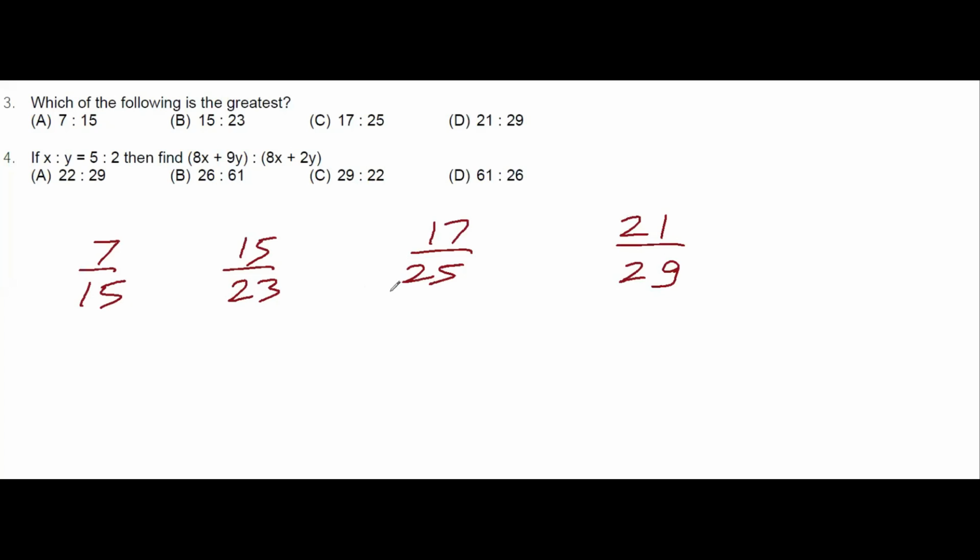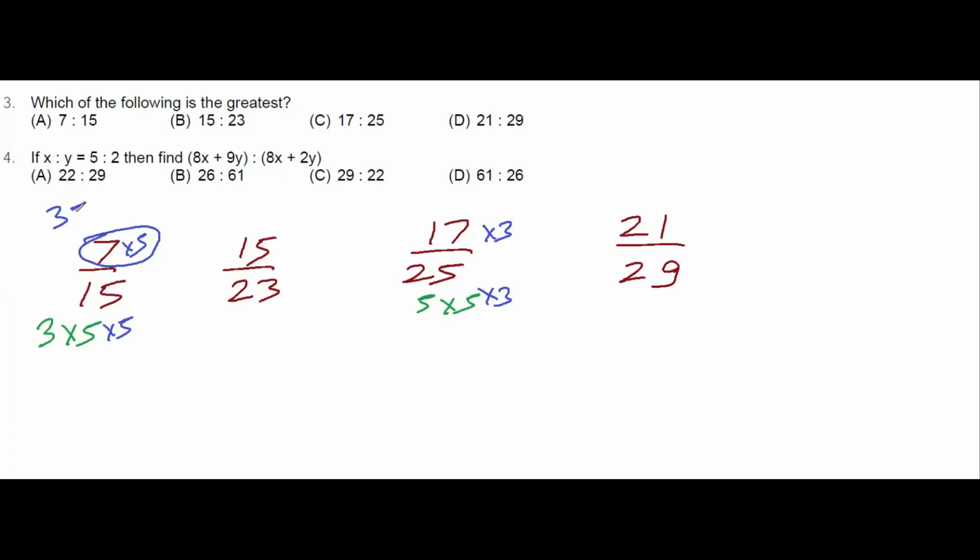I'm getting common factor. This is easy for me. 15 and 25 is easy. So I will find the factors of this 15, which is 3 into 5. This factor is 5 into 5. Here 3 is missing, so I'm going to multiply by 3. Here 5 is missing, I will multiply by 5.